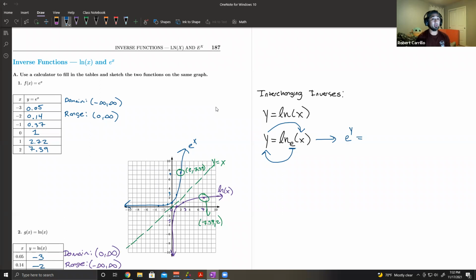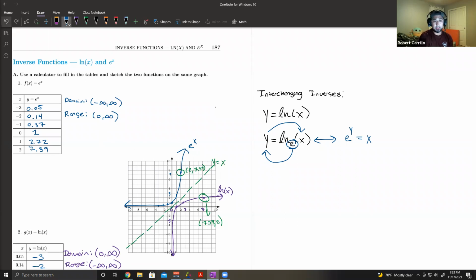So I have e to the y equals x. What we have just done is converted a natural log into an exponential function that has a base of e. Whenever you're converting logs to exponentials, one thing you notice is that the base of the log becomes the base of the exponential function.